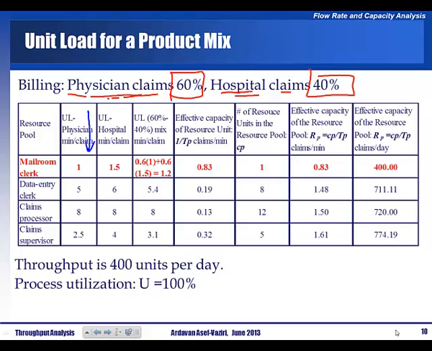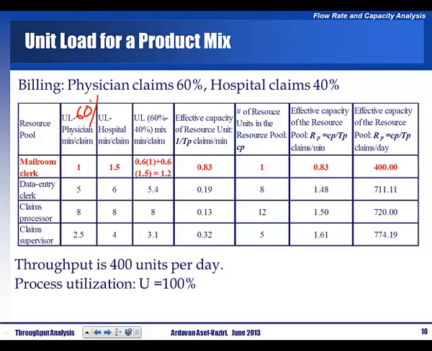Our first resource pool is loaded 1 minute per physician claim. The second resource pool is loaded 5 minutes, the third 8, and the fourth 2.5. The same as what it was before. But 40% of our claims is hospital claims, and those claims have these unit loads on different resource pools.